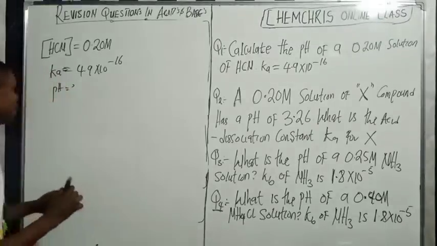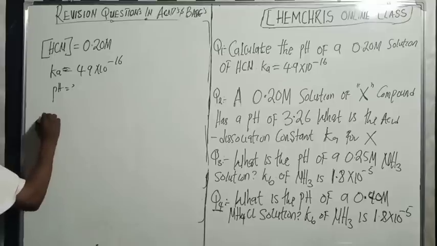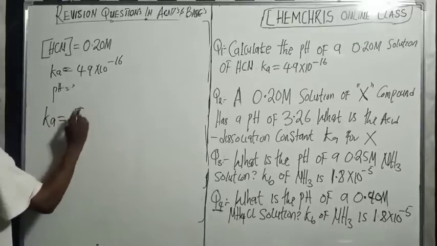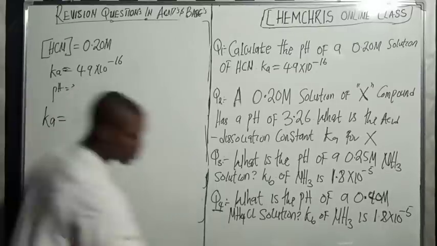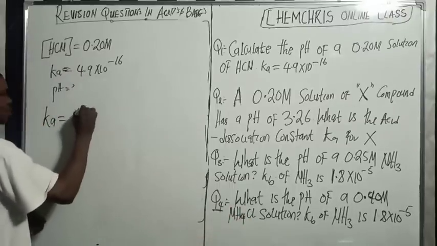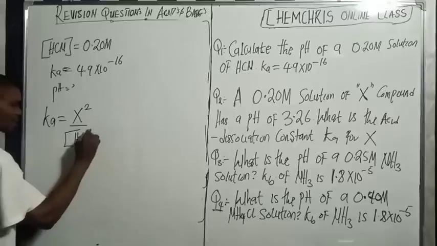How do you calculate the concentration of H plus? It's very easy. Here we have Ka equals X square over the concentration of hydrogen cyanide.